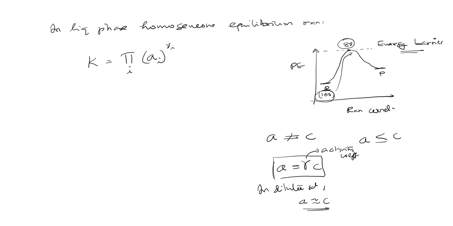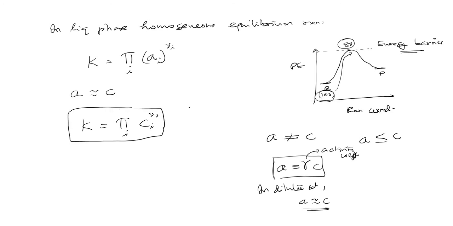If the reaction occurs in liquid phase and the solution is dilute enough that we can approximately equate activity to concentration, then we can write the equilibrium constant K as the product over i of the concentration of the ith species to the power nu i. This is under the assumption that the activity coefficient is 1.